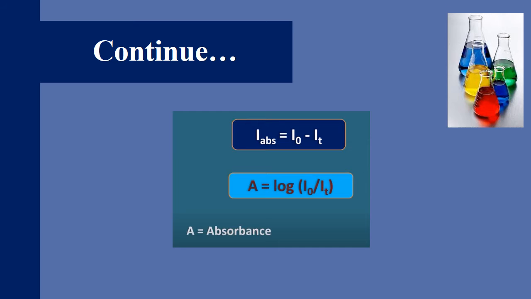We are actually going to measure the absorbance of the sample solution, which is the logarithm of the ratio between the incident light that we shine on our sample solution and the intensity of the light transmitted.